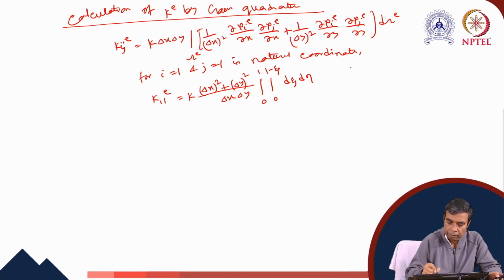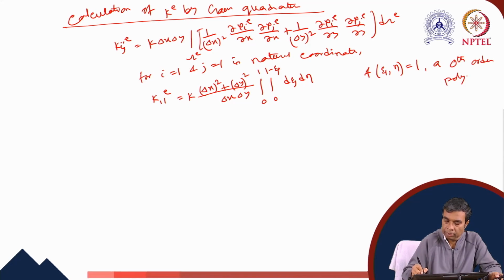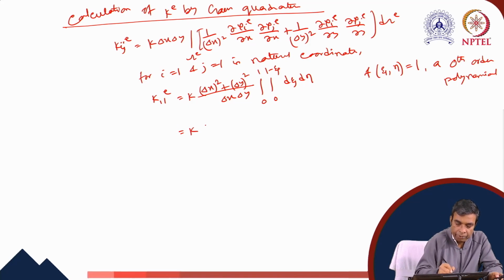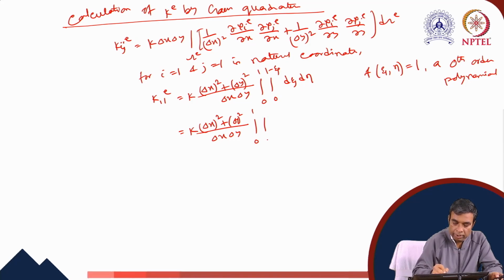Now for this case f of xi eta equals 1, a zeroth order polynomial. So this gives us k into delta x whole square plus delta y whole square by delta x delta y integration 0 to 1, integration 0 to 1 minus xi, f of xi eta d xi d eta.